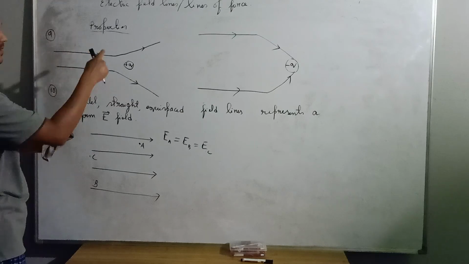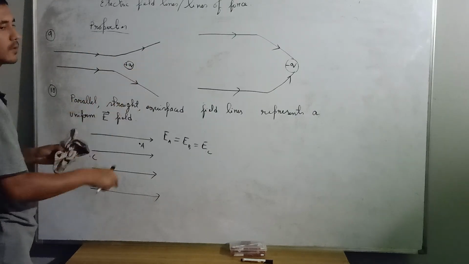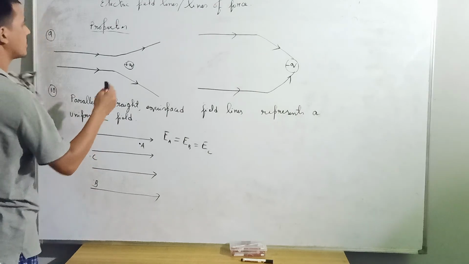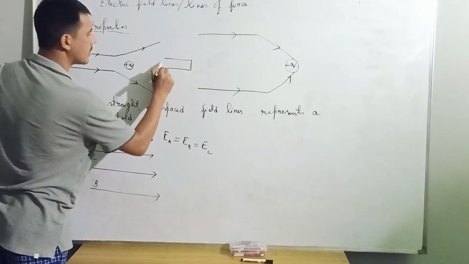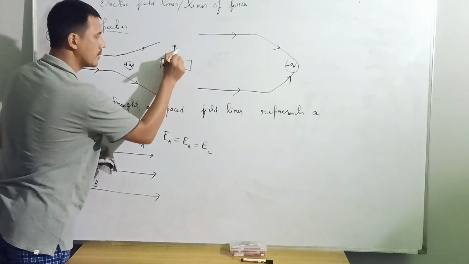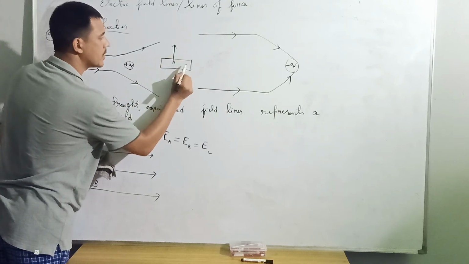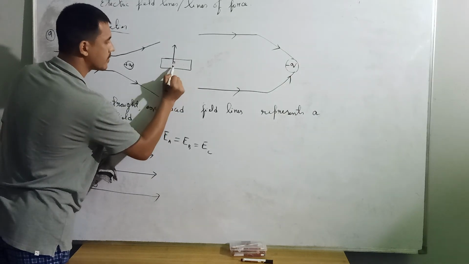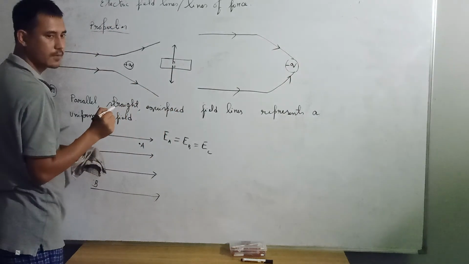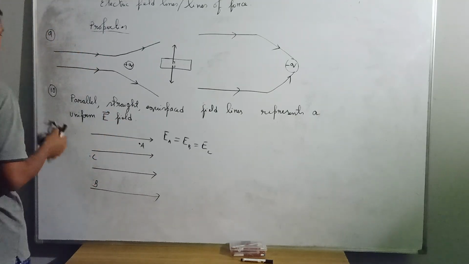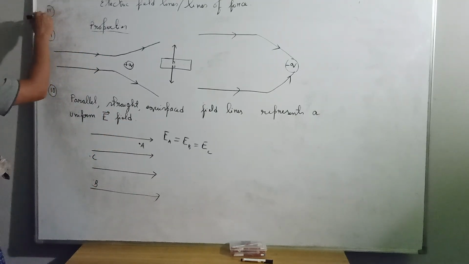Then the electric field lines will make 90 degrees to the surface of the conductor. Are you getting me? Yes. They will always be perpendicular to the surface of the conductor. That is your eleventh property.